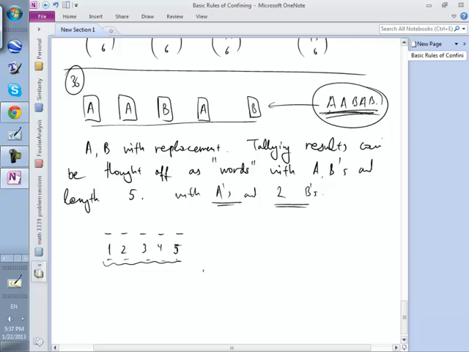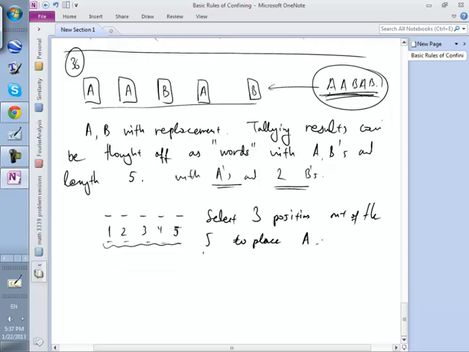And once you select a position to place the A, you don't reselect that position again, because that will be occupied by A and not by B. So we select 3 positions out of the 5 to place A. The remaining 2 positions will be selected for B. Order does not matter. So this can be done in 5 choose 3 ways.